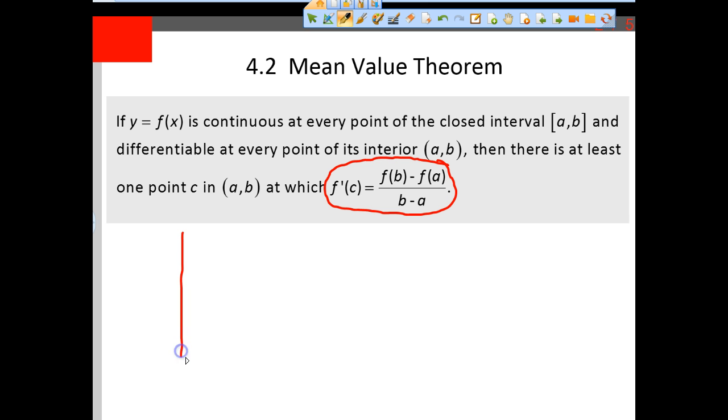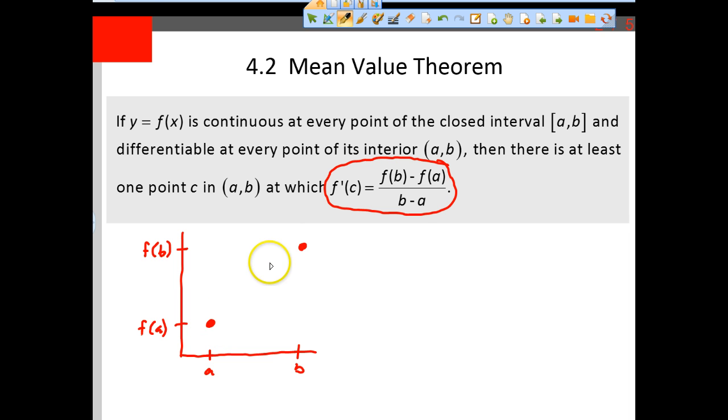All right, so let's draw a picture. Just like earlier, we have a to b, we have f of a and f of b. Once again, endpoint at a, endpoint at b. Now, the first part said it was continuous on the closed interval a to b. So that means we must have an endpoint and an endpoint, and we draw without picking up our pen.